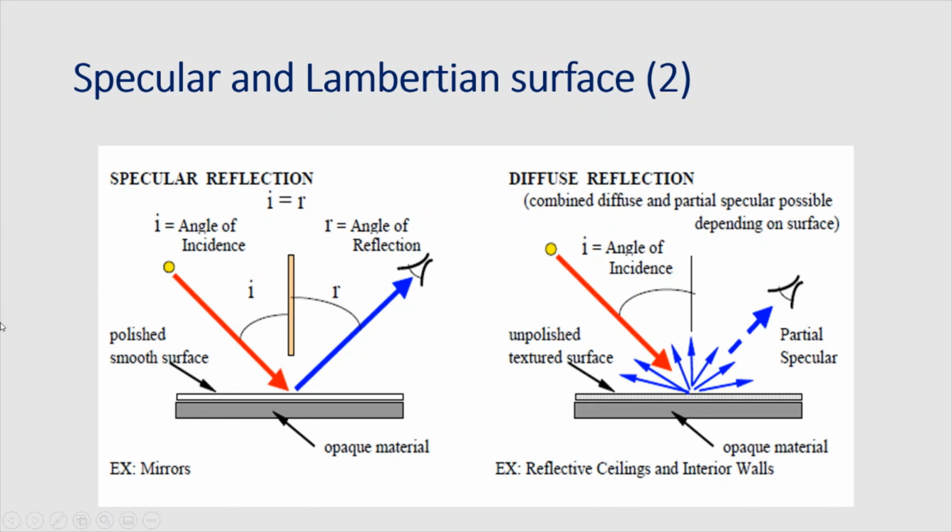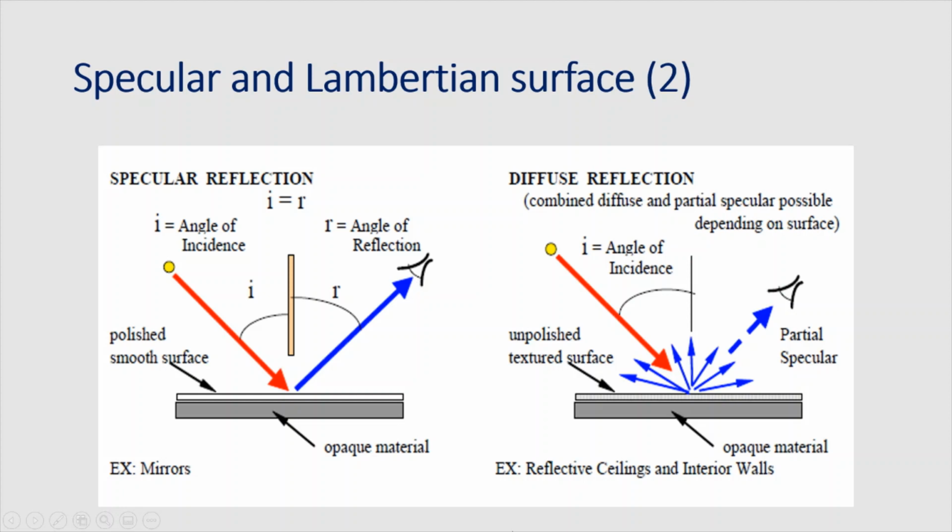Then for a specular surface, you see that the reflection goes in one precise direction with respect to this angle r, where r is equal to I. So that means that, here is the idealization of our eye, you can see this flux only if you are in that direction.